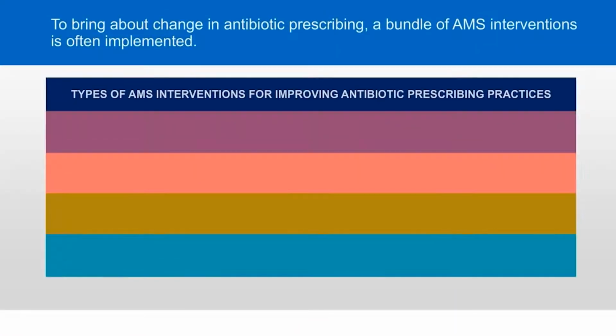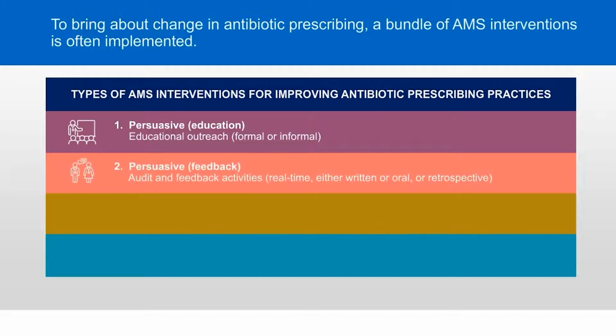Different types of AMS interventions have been proven to be successful to improve antibiotic prescribing. To bring about change in antibiotic prescribing, a bundle of AMS interventions is often implemented. There are different types of AMS interventions. 1. Persuasive education, which includes educational outreach, formal or informal. 2.